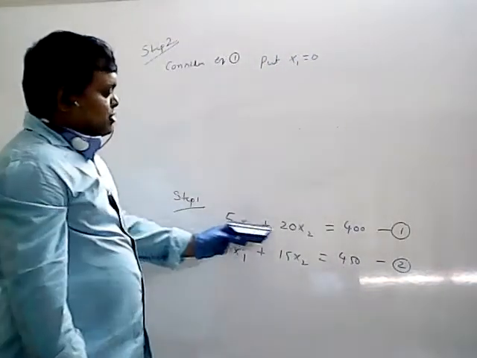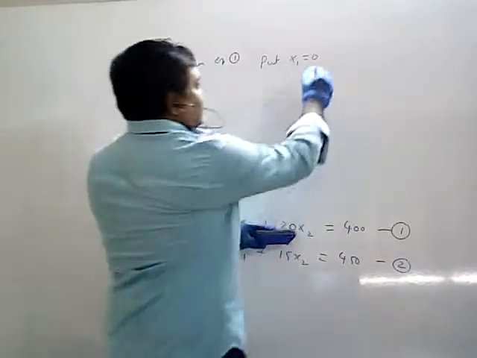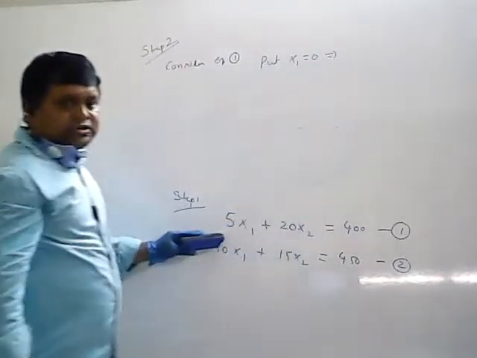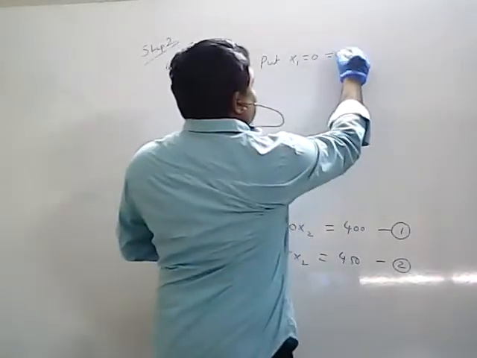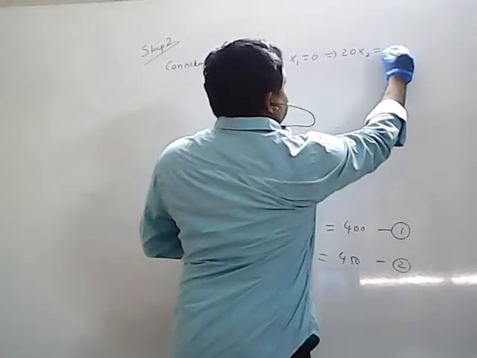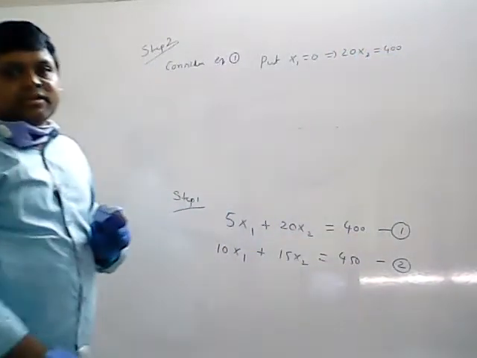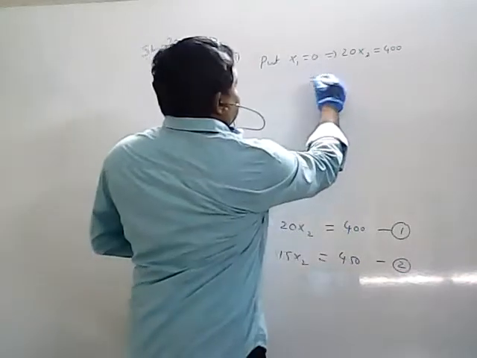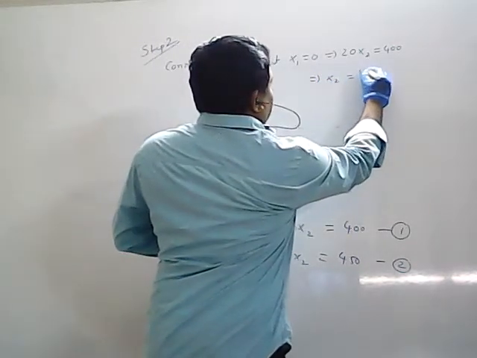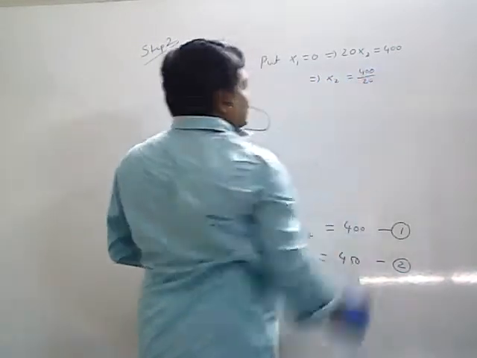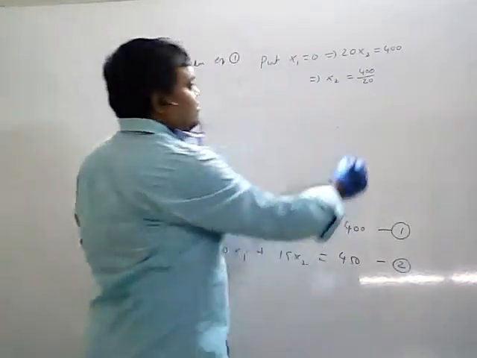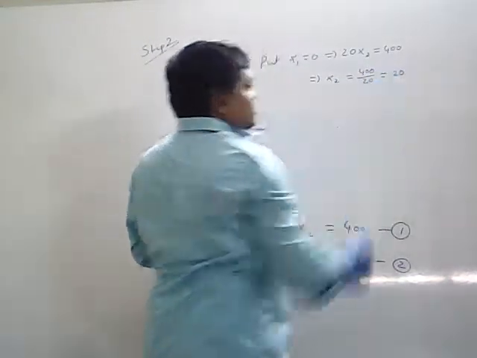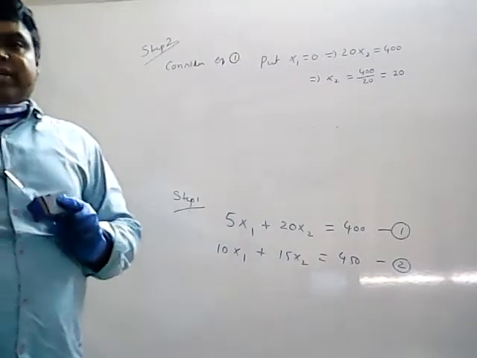If x1 equals 0, you will get 20x2 equals 400. That means x2 equals 400 divided by 20, which is 20.